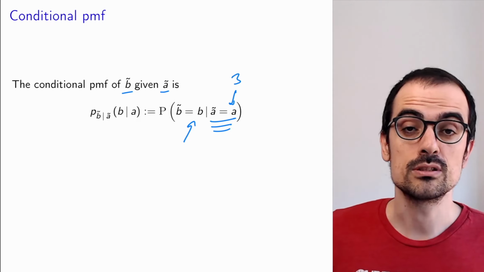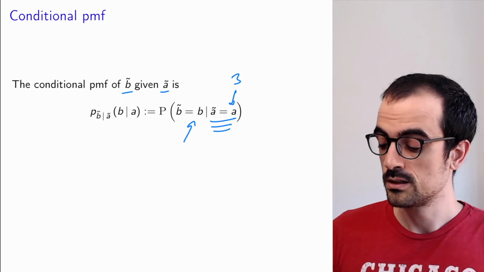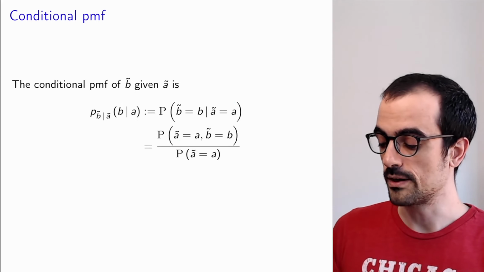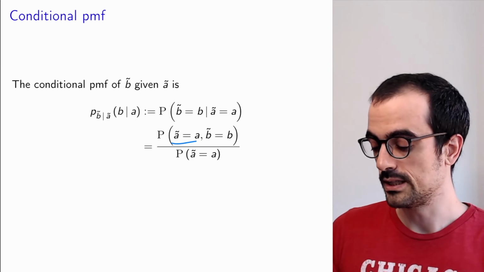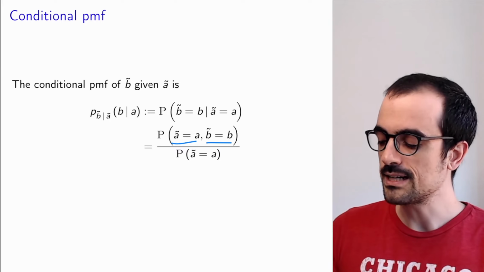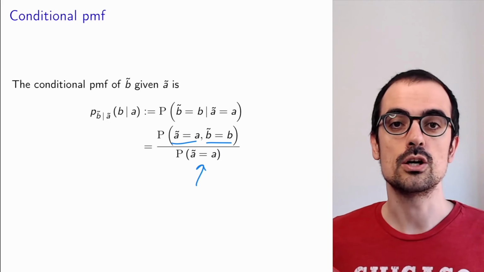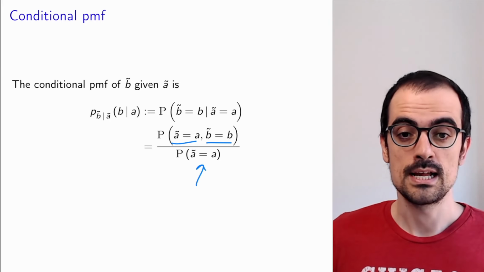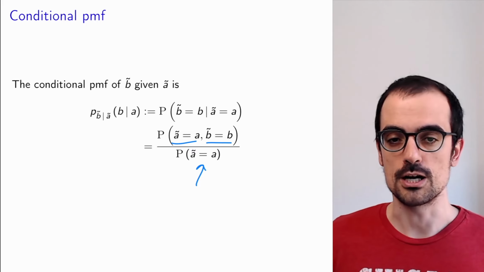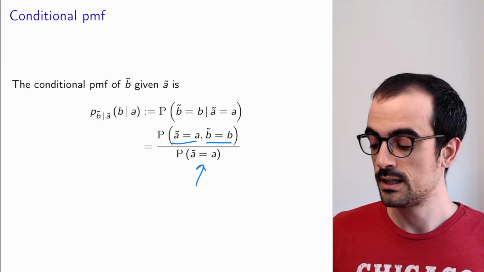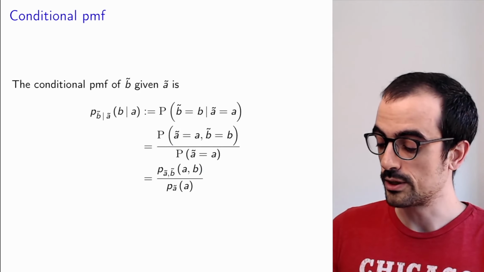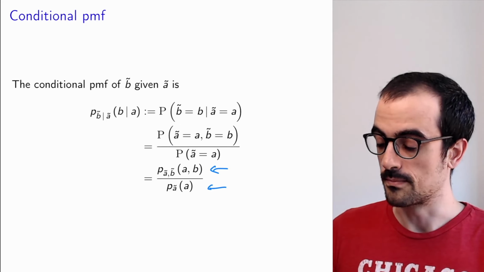By definition, this conditional probability is the probability of the intersection between these two events, A being equal to this value and B being equal to that value, divided by the probability of the event that we're conditioning on. Now, if we plug in the definition of joint PMF and also marginal PMF here, we see that the conditional PMF of B given A is just equal to the joint PMF divided by the marginal.